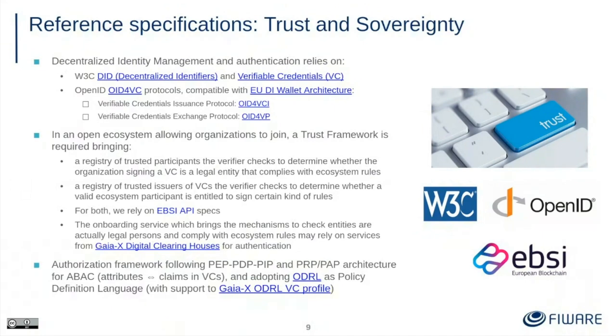Both formats are governed by W3C, and I would say well-established around the whole decentralized identity and access management ecosystem. So this is not something invented for the FIWARE data spaces or by FIWARE itself, but governed by a much broader community.